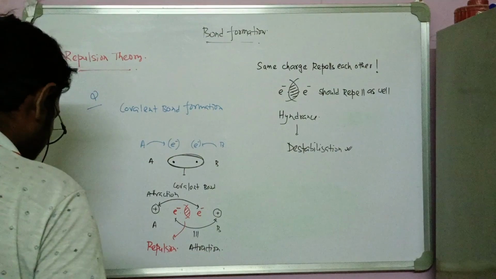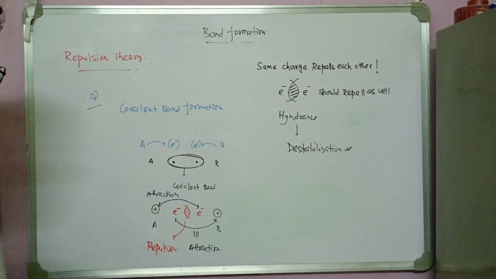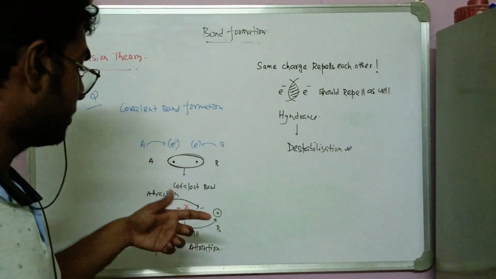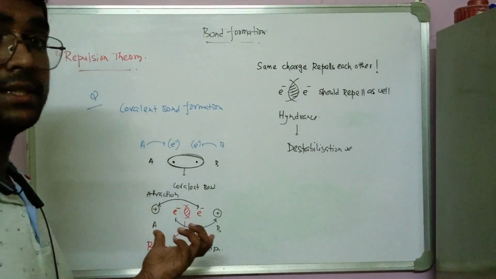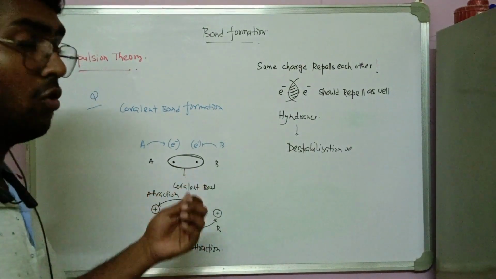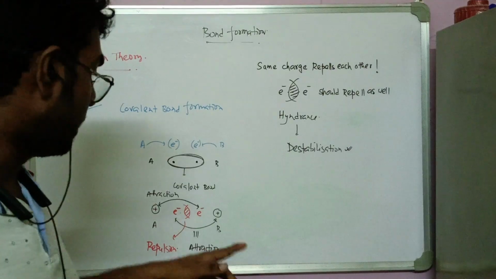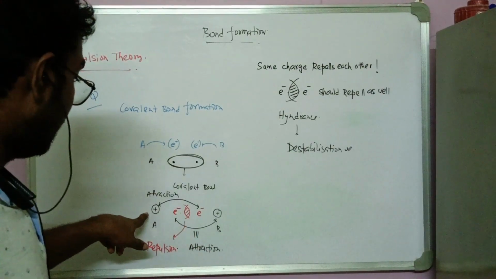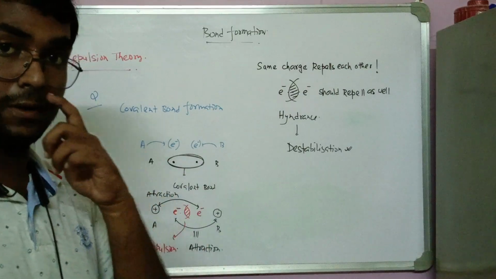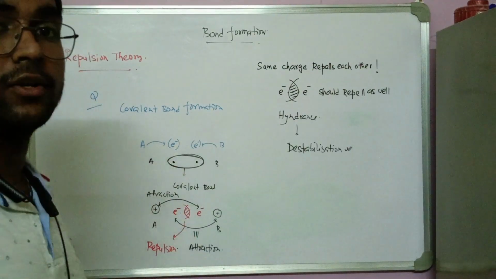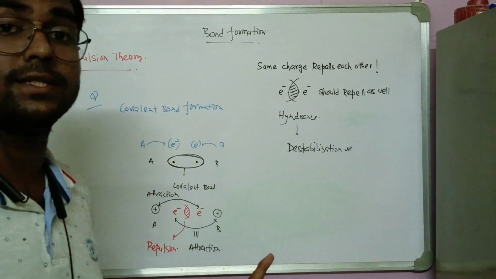Now it is all about the game of attraction and repulsion. If the electron-electron repulsion is greater than the nuclei-electron attraction, then the system will get destabilized and the covalent bond will not form. But here the nuclei-electron attraction is favored, it is more than the electron-electron repulsion, and that is why the covalent bond is getting formed.